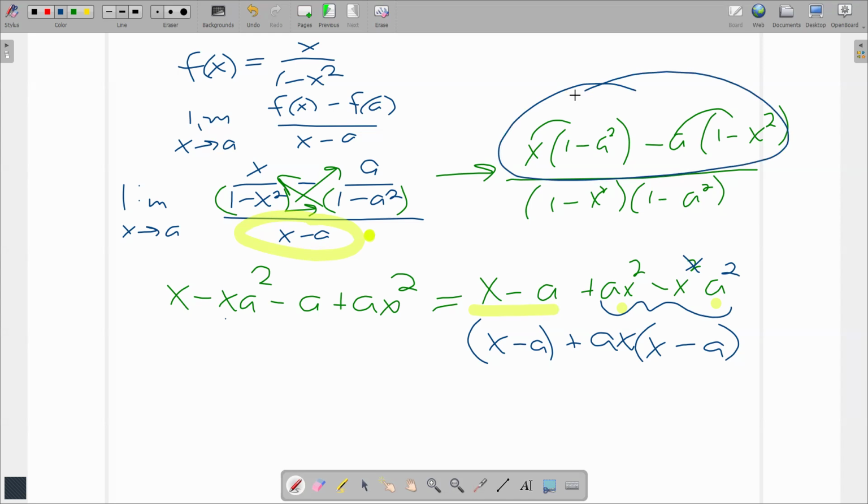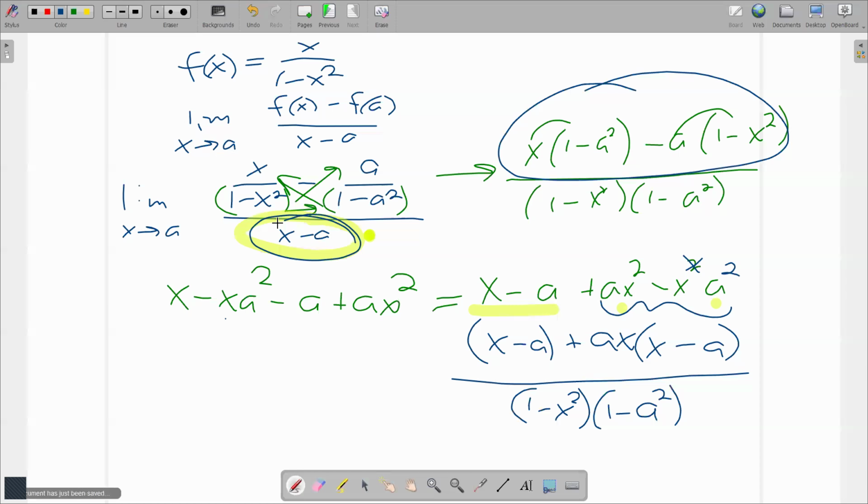So let's put some other things back in. We still have in the denominator a 1 minus x squared times 1 minus a squared. If I multiply that by 1 over x minus a, then also down here is an x minus a.